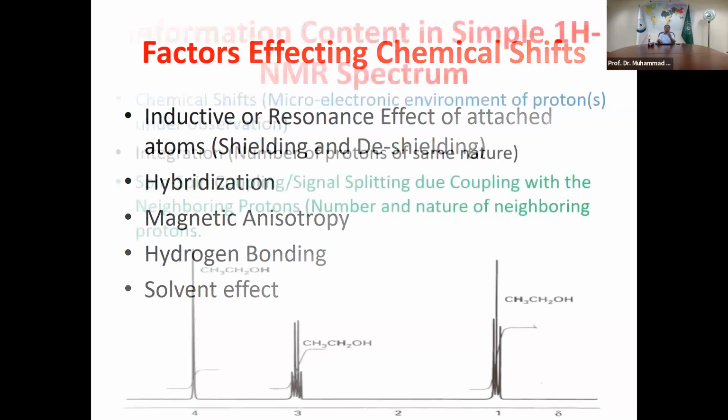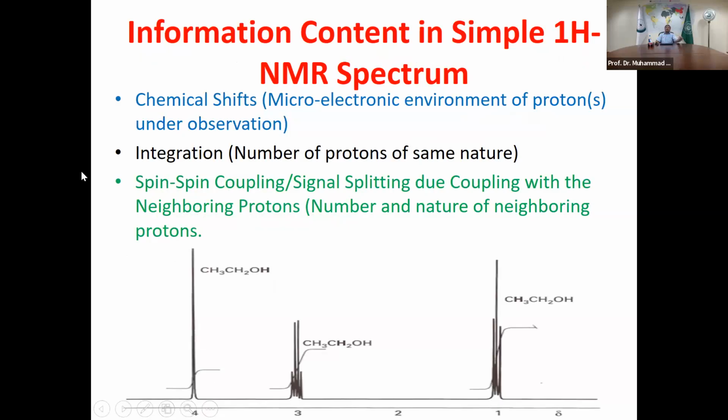As you have seen in this case, the OH proton here is directly connected to oxygen, and therefore this is the most de-shielded one, because electrons have been removed by the electronegative effect of oxygen.